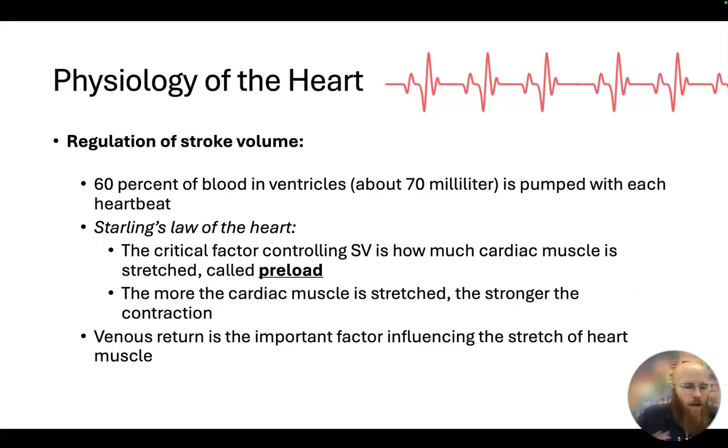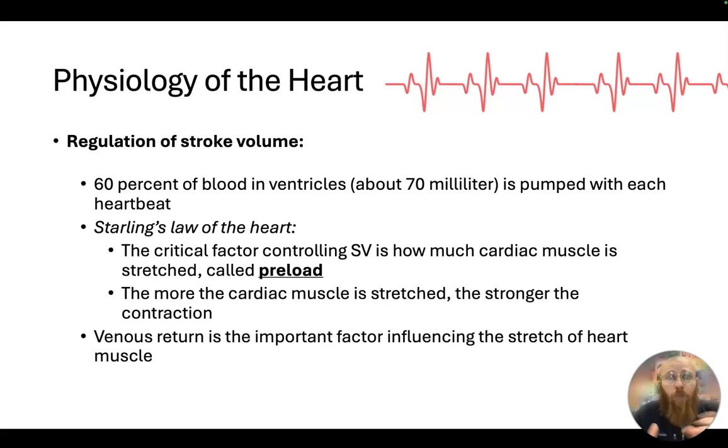And so there's a couple of different ways that each component, stroke volume and heart rate, can be regulated. Regulation of stroke volume is basically going to be based on the following. 60% of the blood in the ventricles, so only 60%, is pumped with each heartbeat. So we always have a dormant reserve of blood that doesn't fully get pumped. And that makes sense, right?